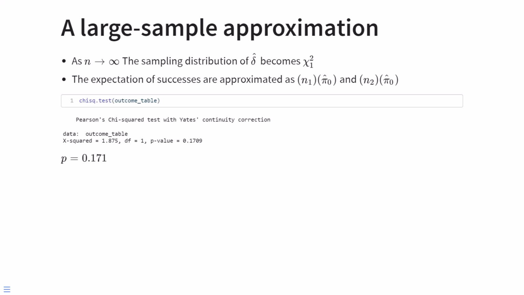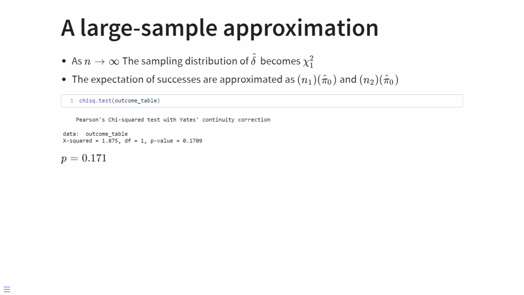We estimate the expectations by taking the sample size times that pi hat sub 0, that is, using the actual estimate of pi sub 0 as our values, just like we did in the second example. Doing that for this particular example, which is not very big, and therefore this is not going to be a very good approximation, we ended up with p of 0.171.